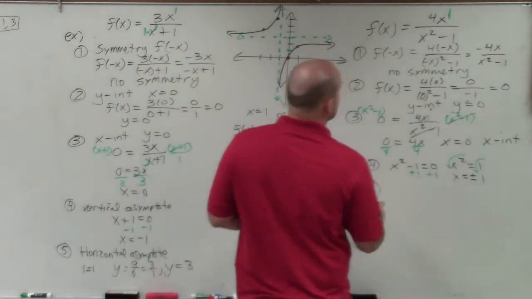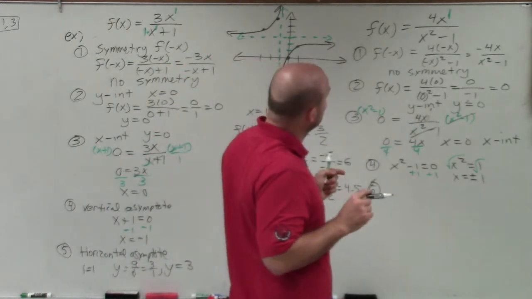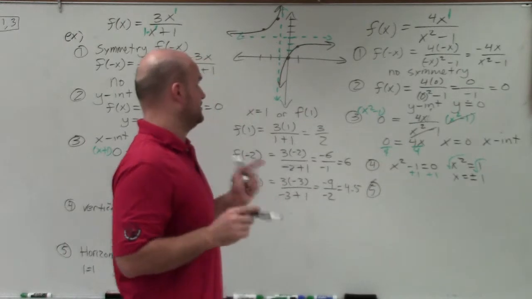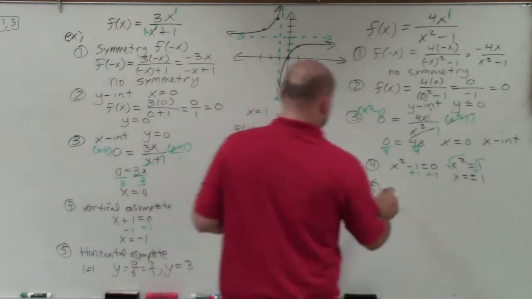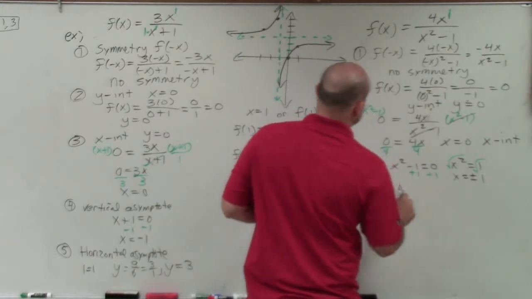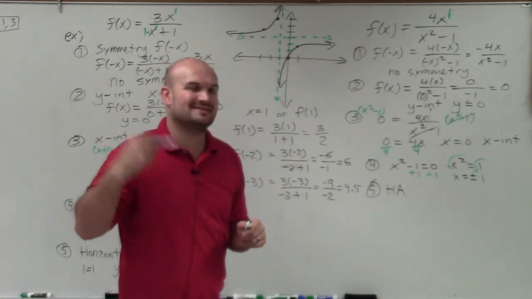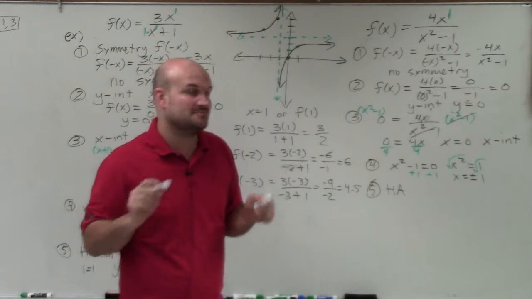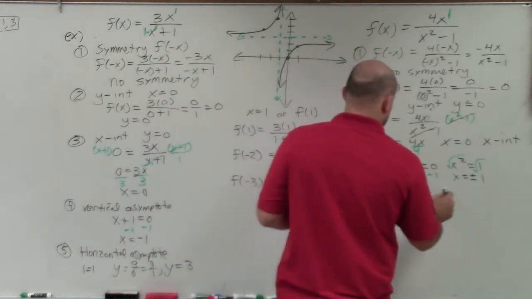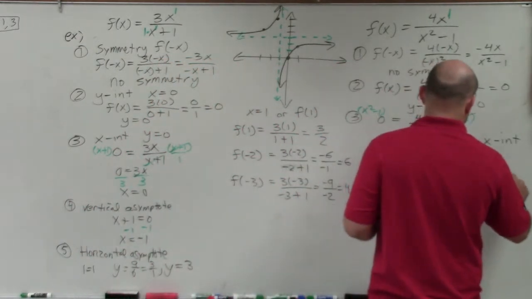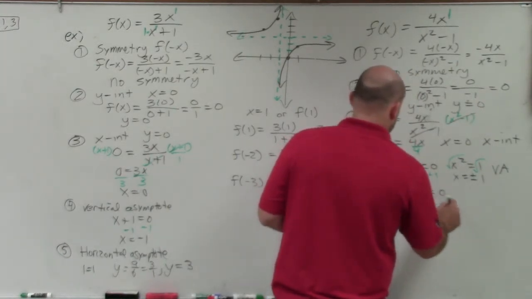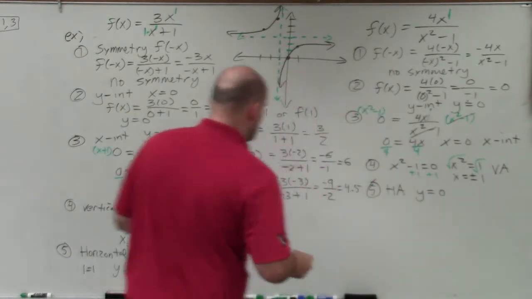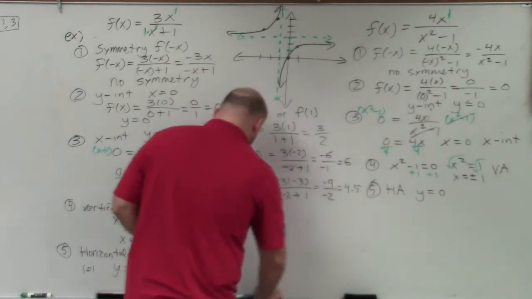So when the degree in the numerator is smaller than the degree in the denominator, you have a horizontal asymptote at y equals 0. So those are my vertical asymptotes, and this is my horizontal asymptote, y equals 0.